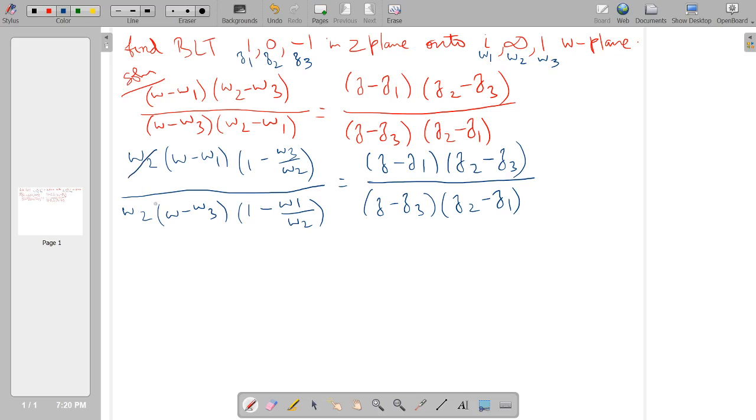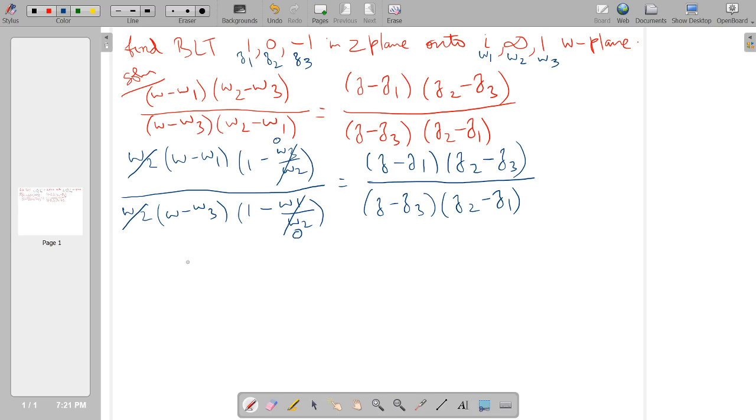This W2 gets cancelled, and when I substitute W2 equal to infinity, this part will become 0. W3 by W2 will become 0, and W1 by W2 will also become 0.